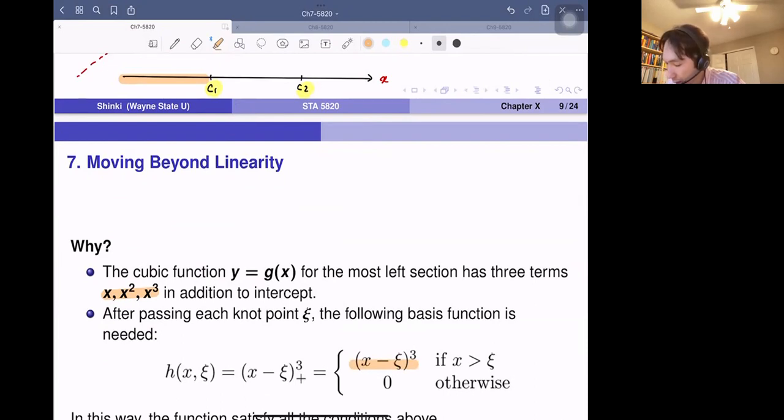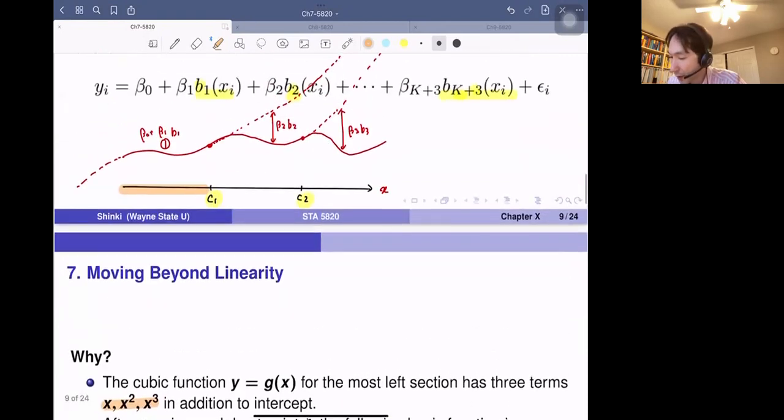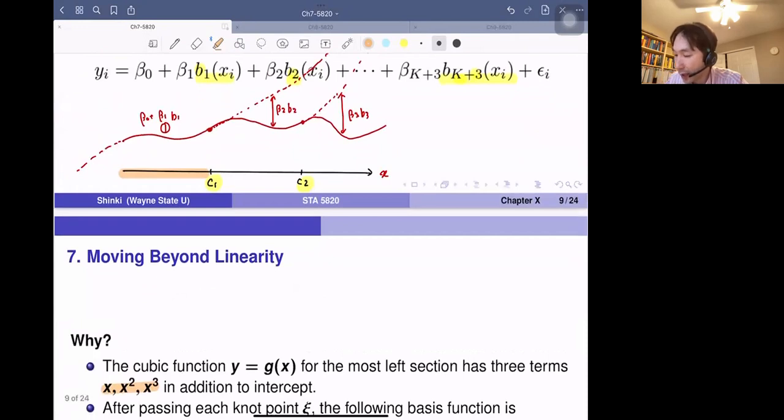So to be specific, B2 should be x minus C1 cubed if x is larger than C1, and if less than that, 0. Because basically we explain the trend change after C1. Until C1 this function is not activated, so it's 0. And after that, x minus C1 cubed.